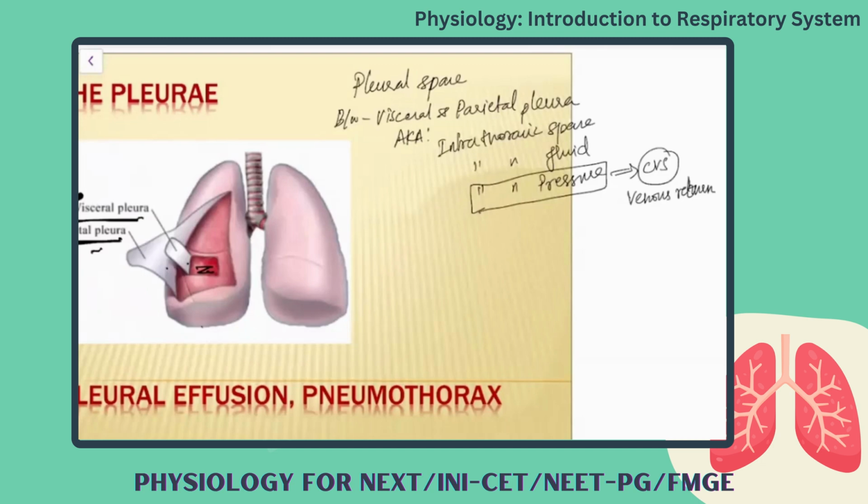Because of the negative pressure. This intrathoracic pressure always remains negative, both during inspiration and expiration. So it helps the blood to move from the lower parts of the body to the heart.